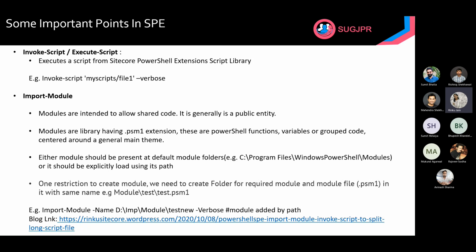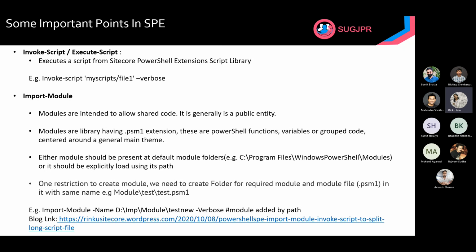For that we can create modules, which have a .psm1 extension. These can reside in your module folder. By default, we have Program Files, Windows PowerShell, Modules. You can create your modules there, or in your own separate directory.